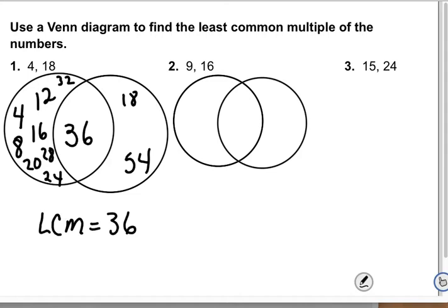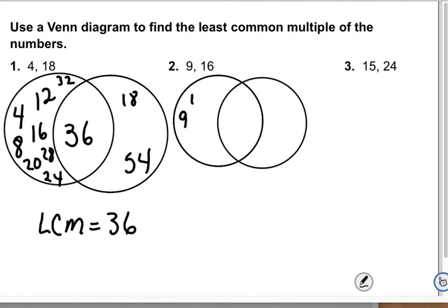Tyler, can you list the multiples of 9 for me? Okay, those are factors. You're listing factors. I'm wanting multiples. It's 9 multiplied how and all the different things I could get. So, let's start with 9 though, right?